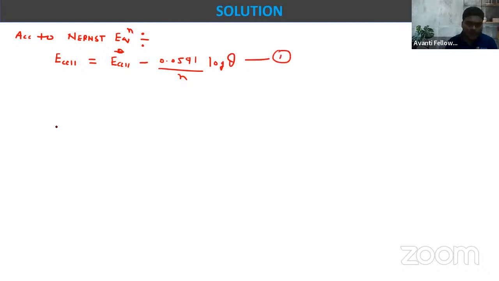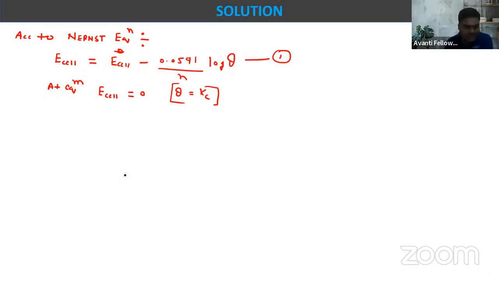Now, for Kc, we know that at equilibrium, the EMF of the cell becomes 0, and this Q, the reaction quotient, becomes the equilibrium constant, that is Kc.